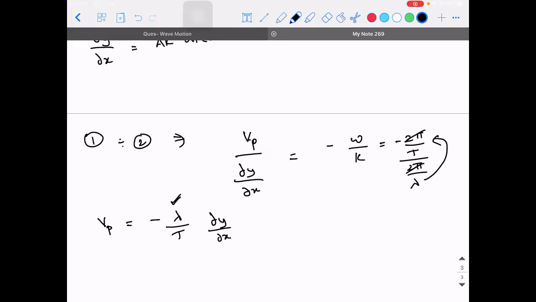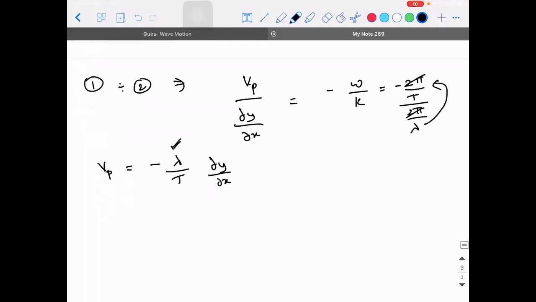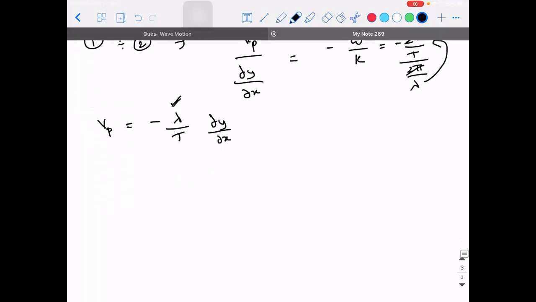Wavelength is a term associated with a wave, because if you revisit the previous chapter, in simple harmonic motion you will never use the word wavelength because there is no wave at all. The energy is not transmitted. So wavelength divided by time is going to give you what? Velocity. Wave velocity.